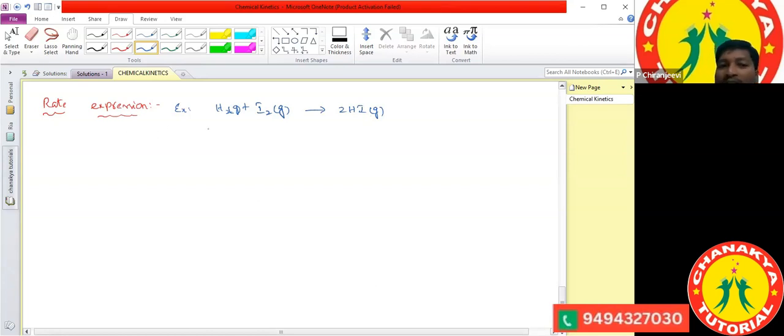Sir, how can we write the rate expression here? In a rate expression, the change in concentration of the reactants is equal to the change in concentration of the products, and the concentrations are divided by the respective stoichiometric coefficients.